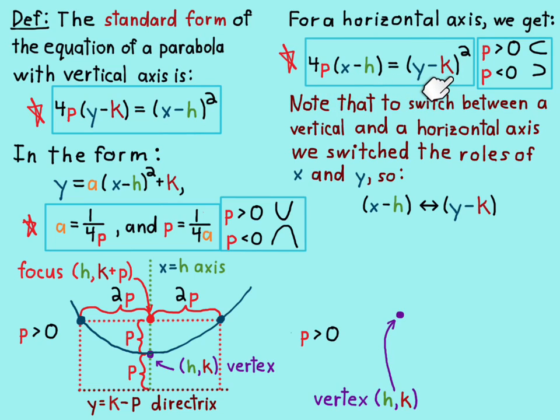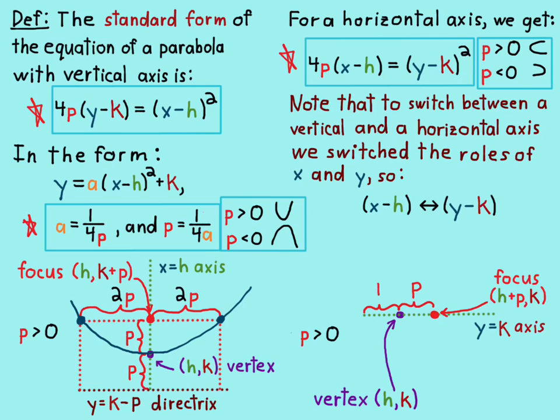You set this equal to 0 and solve. That gives you h. Set this equal to 0 and solve, and that gives you k. That's the axis of symmetry. It goes through the vertex. It's horizontal. You go over p. And this is with p positive. And the focus will be h plus p comma k.